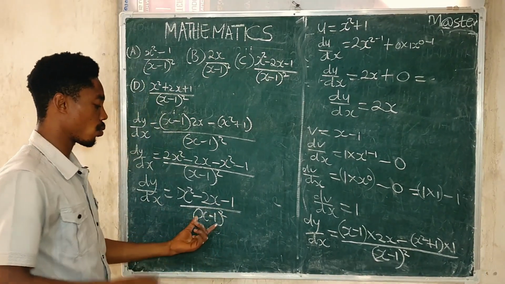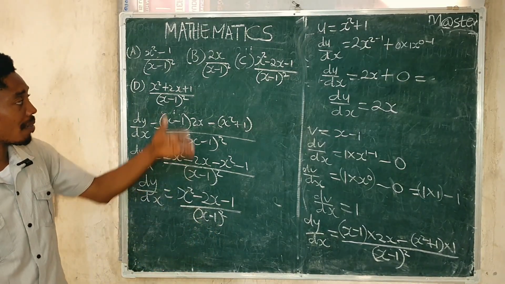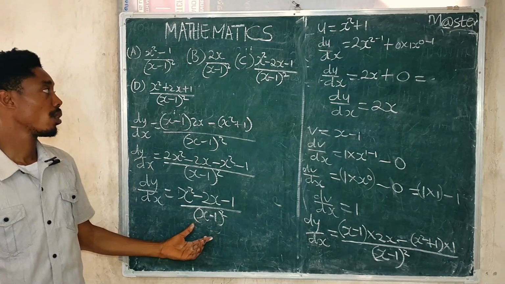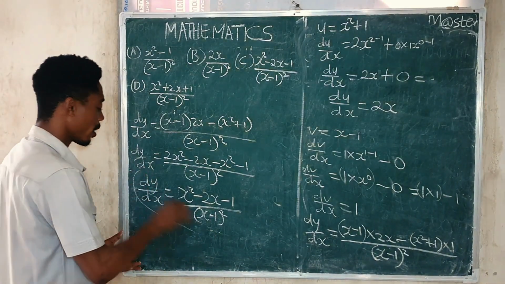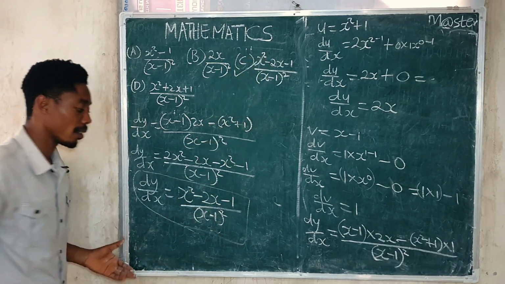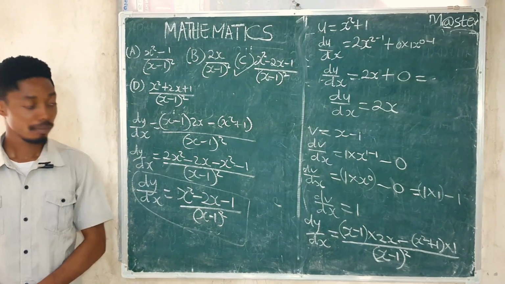We have a choice to open the bracket in the denominator, but if we compare with the options, there is no simplification, so I would leave it this way. The answer I am left with is option C.